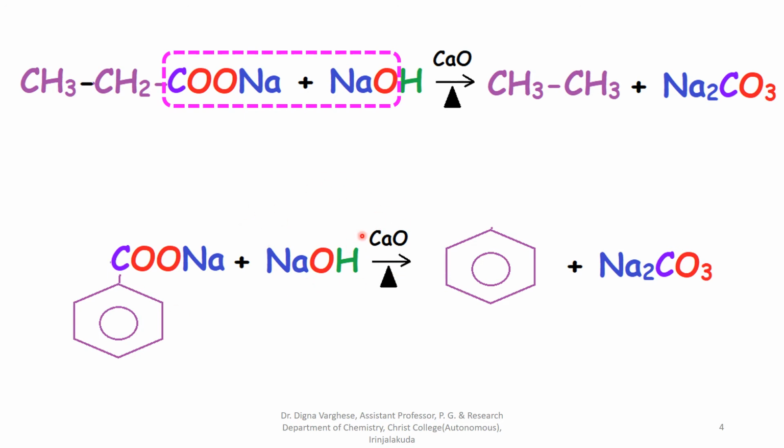It will give benzene, with one carbon atom less than the parent group. So here sodium benzoate is fused with soda lime at high temperature and gives the arene, benzene, by the removal of sodium carbonate.